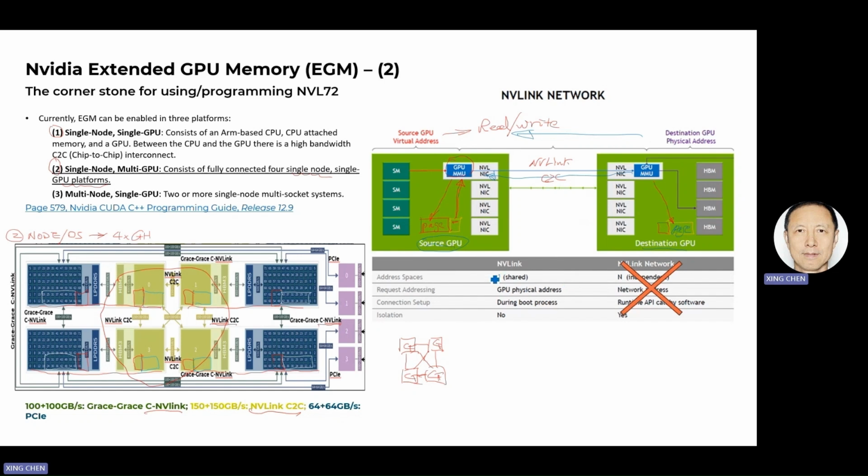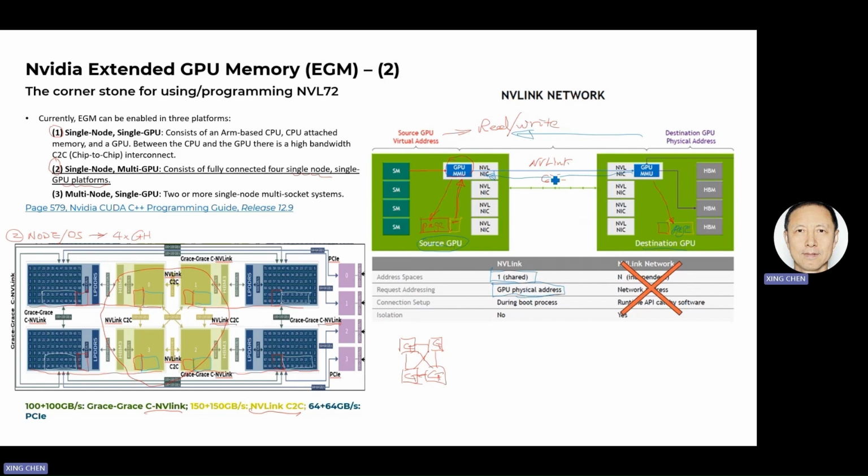Means there is only one shared address space. The request should be done by physical address. So when the GPU wants to read or write to the remote GPU, it is going to ask the NVLink network by attaching the physical address it wants to read from or write to. So the physical address has to be used.